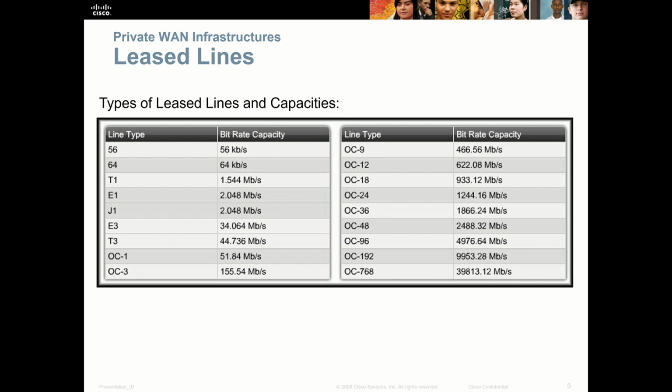Now let us look at the different types of leased lines and capacities. The one that I have explained earlier on is this one.